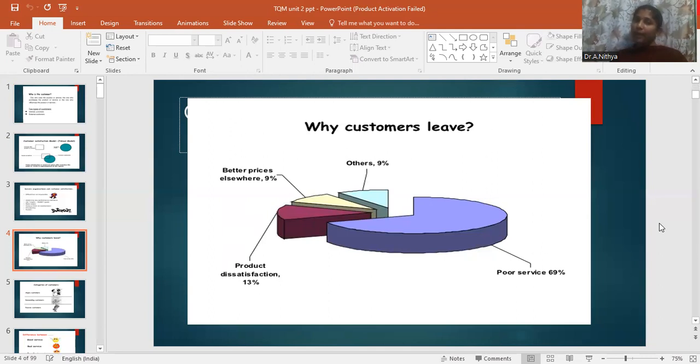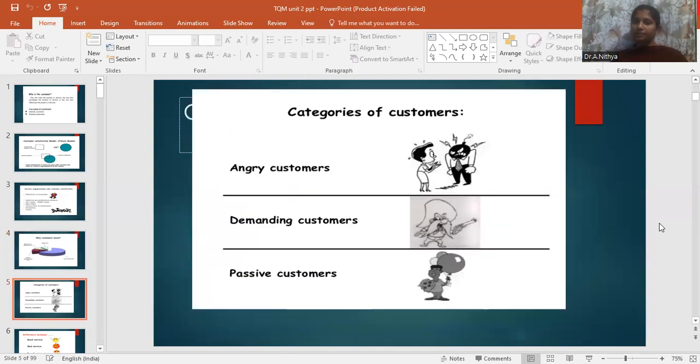Then a better price elsewhere. If the customer is getting a good product or better price elsewhere, they switch over to other companies. And others are 9 percent. So here the service and product quality is the main reason for customers leaving the company or organization.